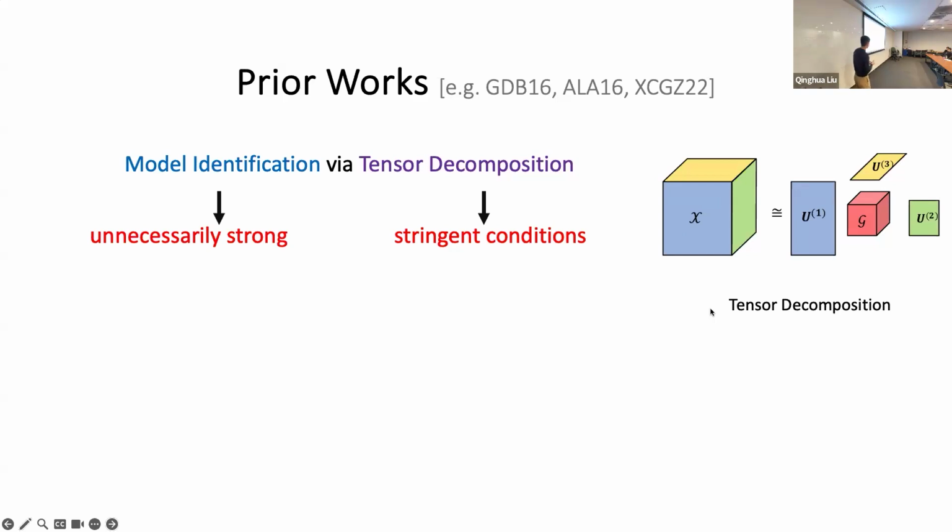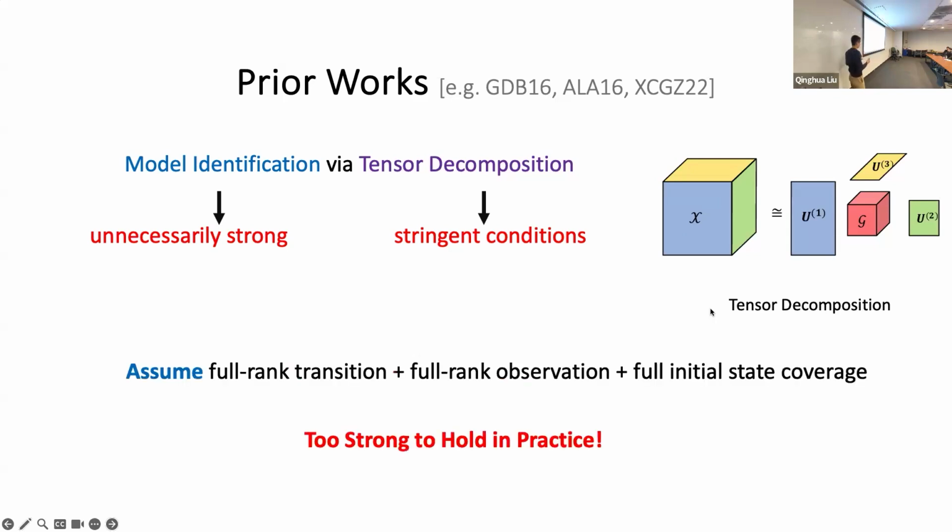Another limitation is the tensor decomposition of spectral methods. This method typically requires a very strong eigenvalue condition on the tensor. As a result of these two limitations, their results only apply to POMDPs where your transition is full rank, your observation is full rank, and your initial state distribution covers the entire state space.